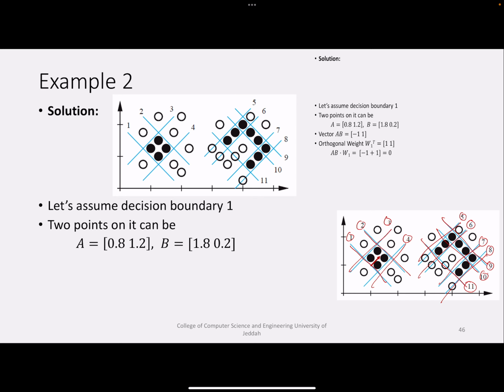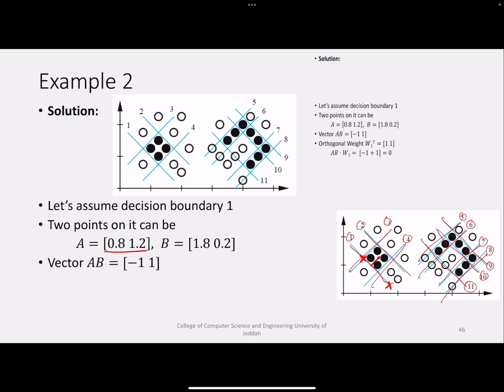We picked over here 0.8, 1.2, and then we pick another one at 1.8, 1.2, I'm guessing somewhere over here. So we have these 2 points on decision boundary number 1.